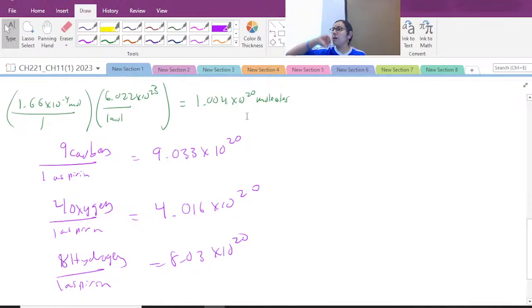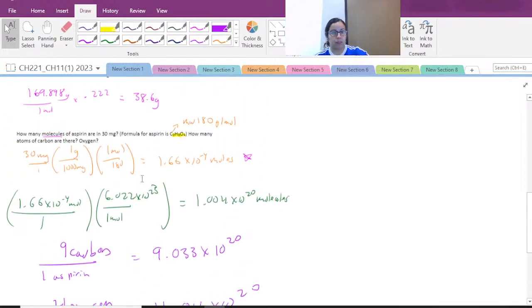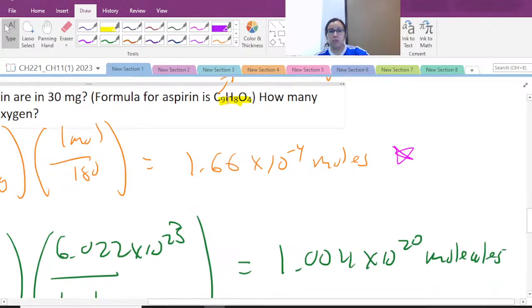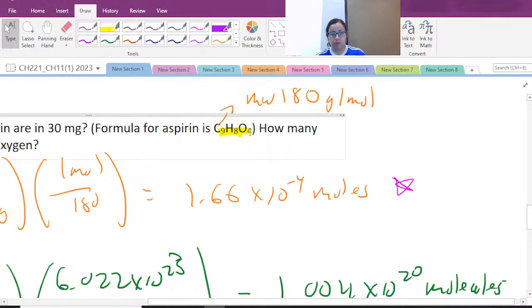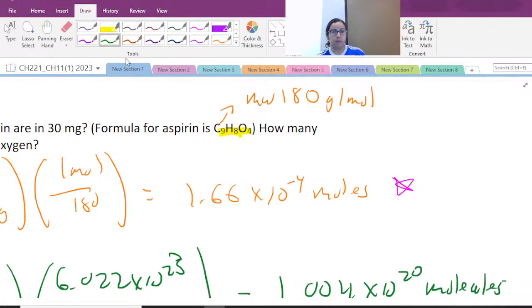Do you have questions back there? I lost track of what happened to get to the end of it. Yeah. So if we found how many moles we have, then we found how many molecules we have, and then in every molecule there's going to be 9 carbons, 8 hydrogens, and 4 oxygens.